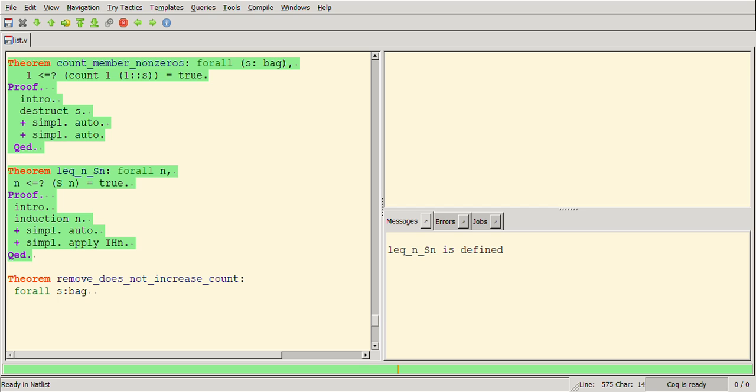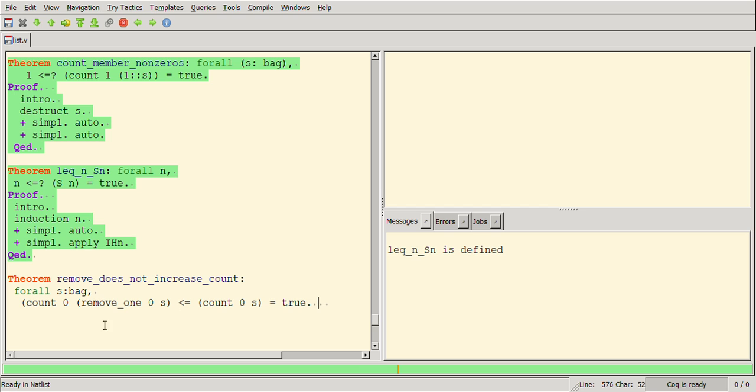For all S of type bag, count the occurrences of zeros in a bag got from remove 1, which removes the first occurrence of 0 from the bag S, is always less than or equal to the occurrences of zeros in the bag from where no zeros have been removed, and we say that this is true.